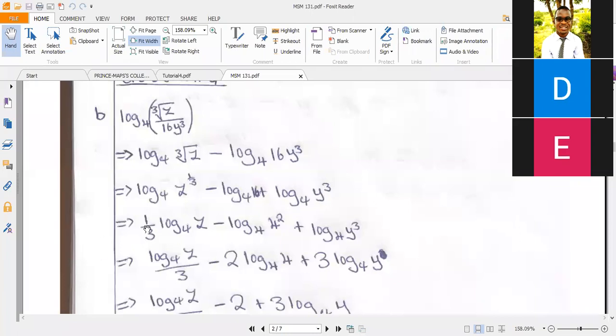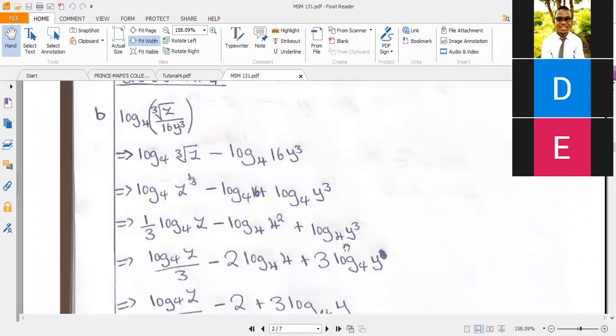Then you drop this 1 over 3 in front of your log and say 1 over 3 log 4 z minus log 4 16, which is the same as 4 to the power 2, plus log 4 y to the 3.